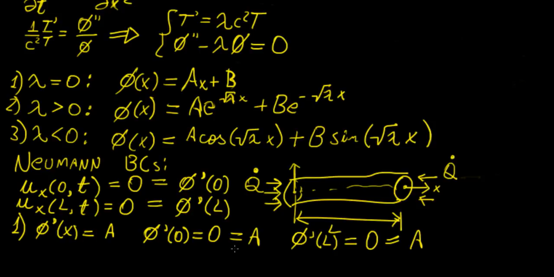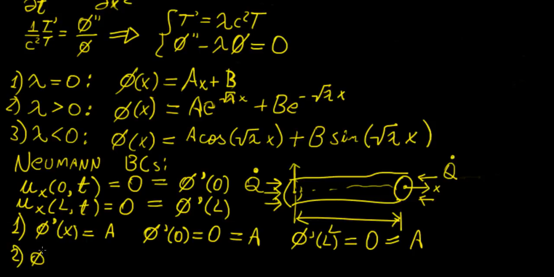Obviously this is not a very useful solution, because we want an expression that tells us how the heat distribution along this rod changes over time and with respect to the space between 0 and L. So this is not useful, and we're going to discard that option.